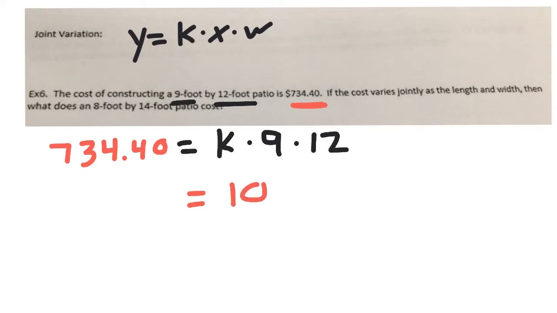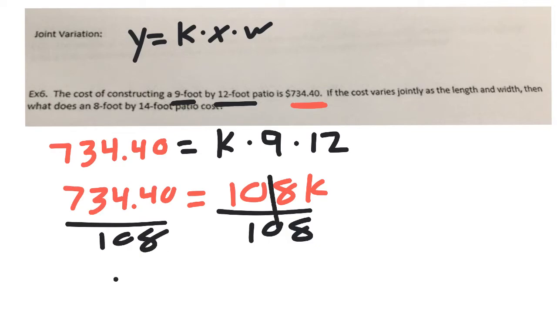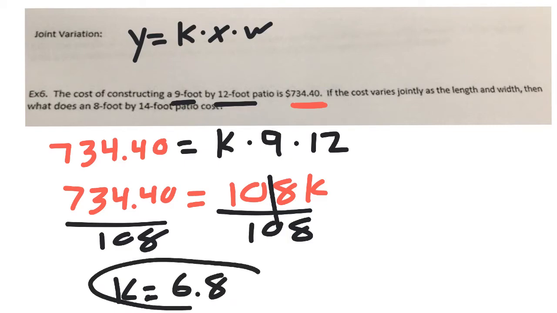So 12 times 9 is 108. So 108k equals $734.40. Divide by 108. That tells me k equals 6.8.